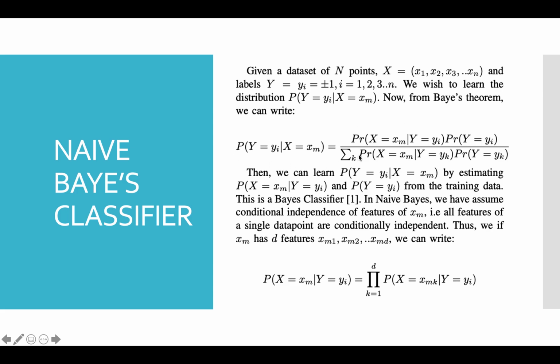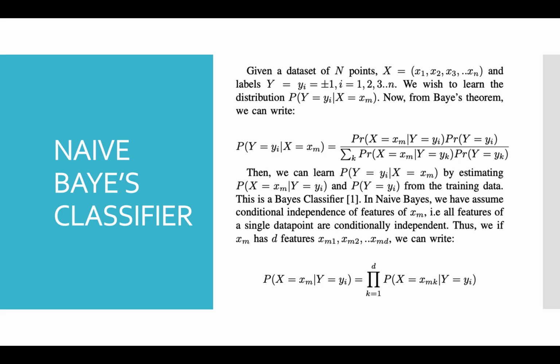Now in the naive Bayes classifier, we make the assumption that all the features of a certain data point have independent distributions, meaning that if xm is a d-dimensional vector, then we assume that its features xm1, xm2, up to xmd are independent from each other.